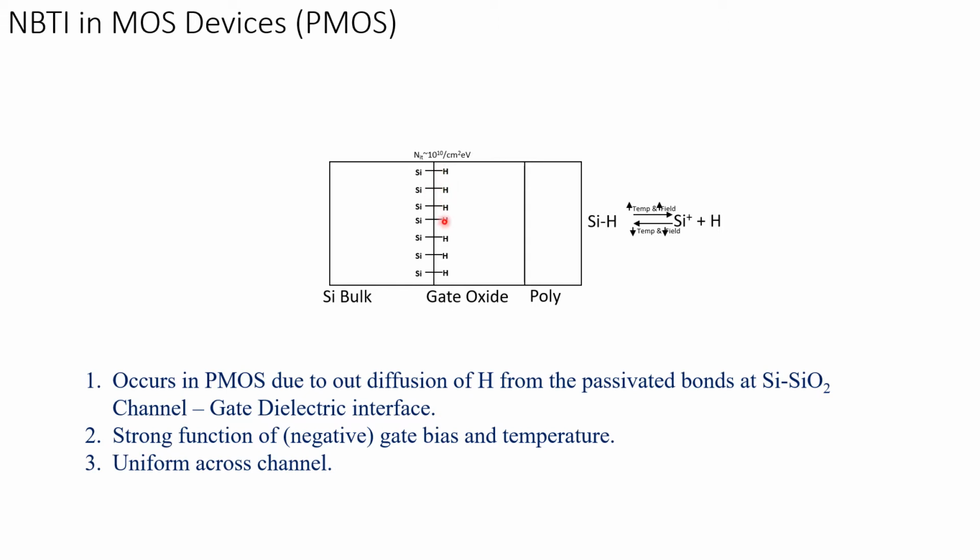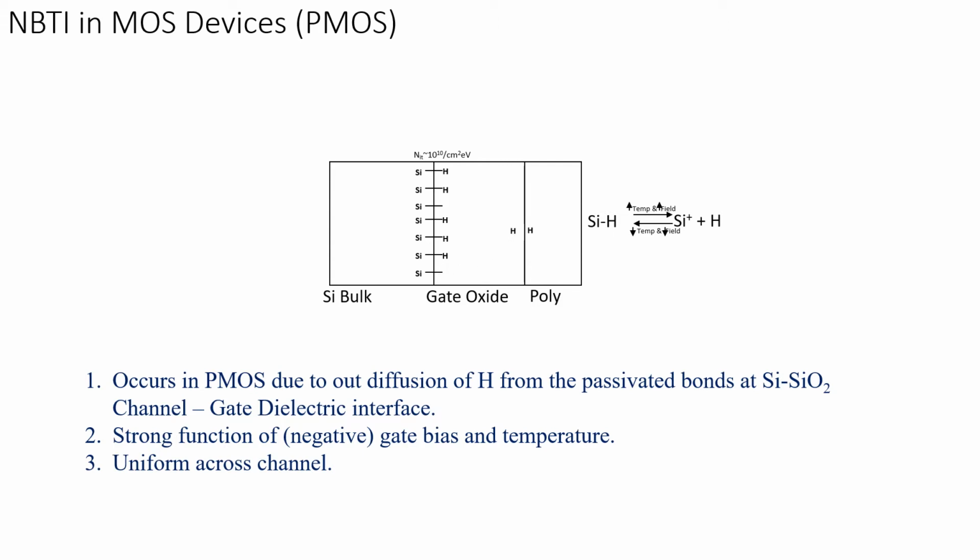And once the bond breaks down, no matter what the direction of the field, this hydrogen species will diffuse. It will have a tendency to diffuse out, towards the polysilicon gate.